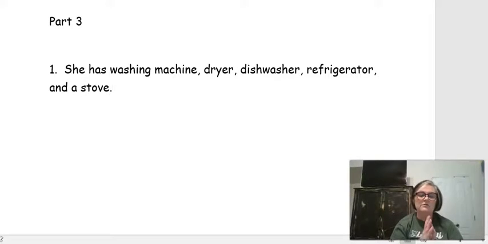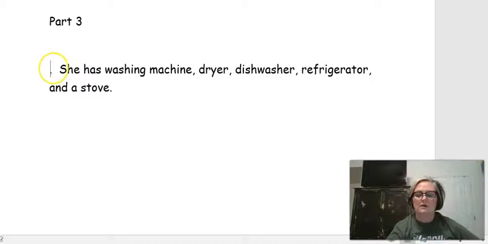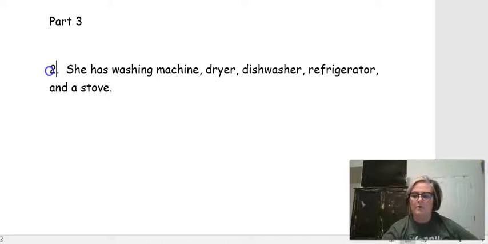Right? So there's your 5. 1, 2, 3, 4. Yes, that's 5. So she has a washing machine, a dryer, a refrigerator, a stove, and a dishwasher. And it doesn't matter what order you put these in, but be sure that there are 5 listed.